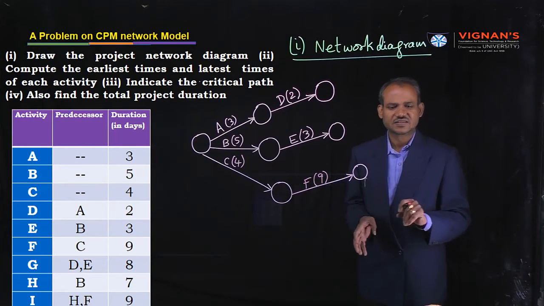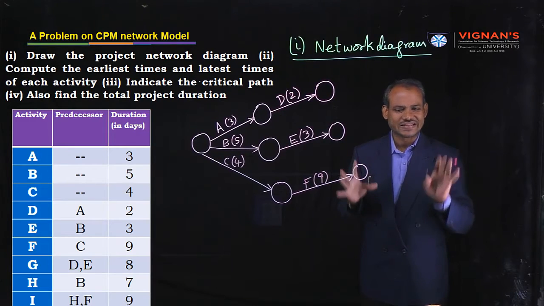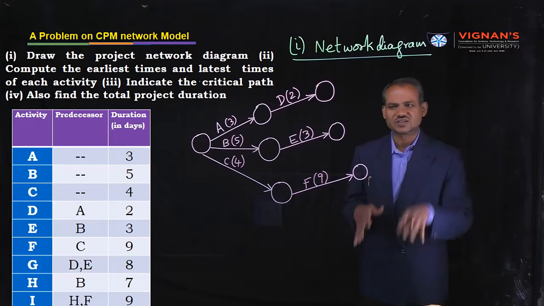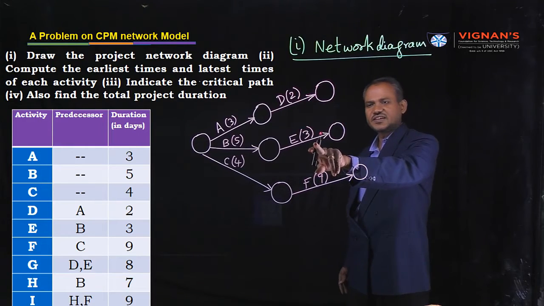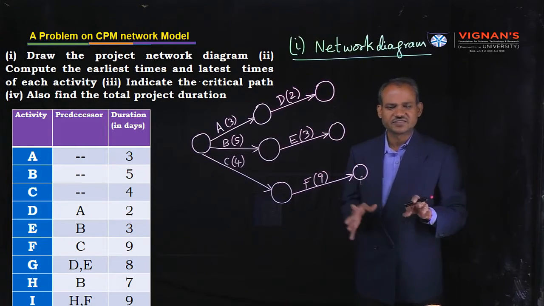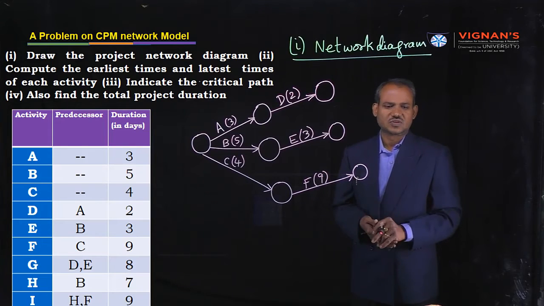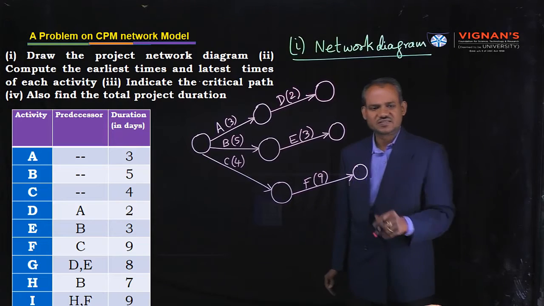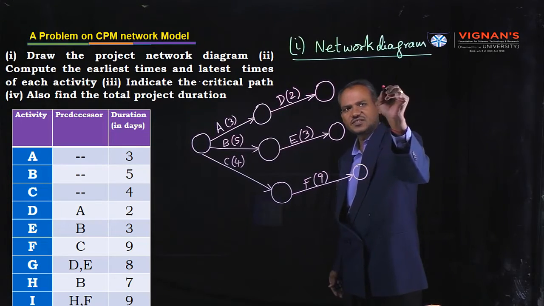G activity. After immediate completion of D and E, then we can start G. Where is D? This is D. Where is E? This is E. After completion of these two activities, we can start G. How to draw this?